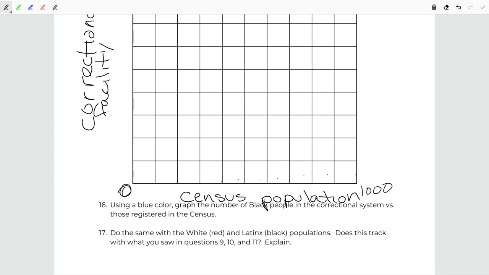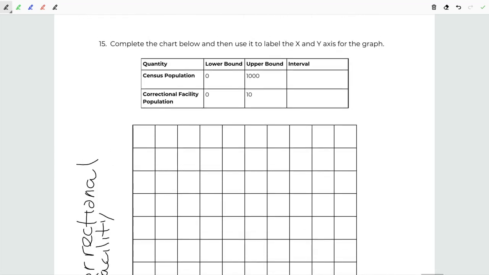This tells us we're going to count by 100s. And we'll go ahead and label those 100, 200, 300. We don't actually have to label all of them. I usually run out of room. So we'll go to 500 for here. And then 1,000. So our interval up here is 100.